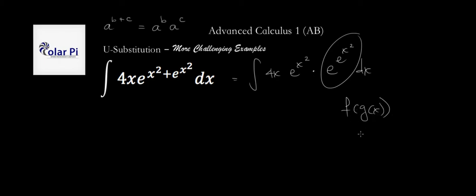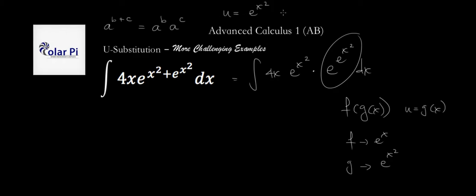So clearly f will have to be e to the x, and g of x will have to be e to the x squared. And we said that in this kind of composition we make u equal g of x. So here we pick u to be e to the x squared.